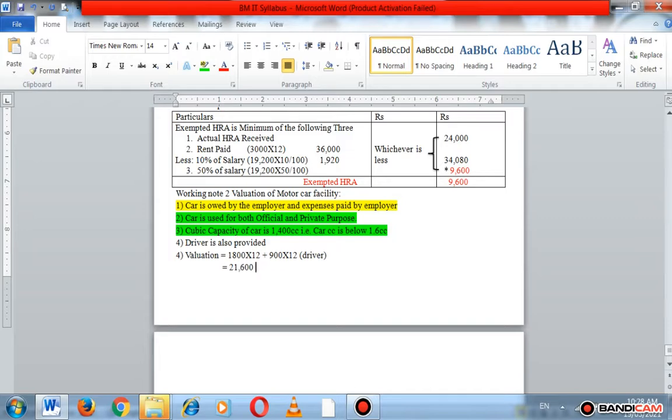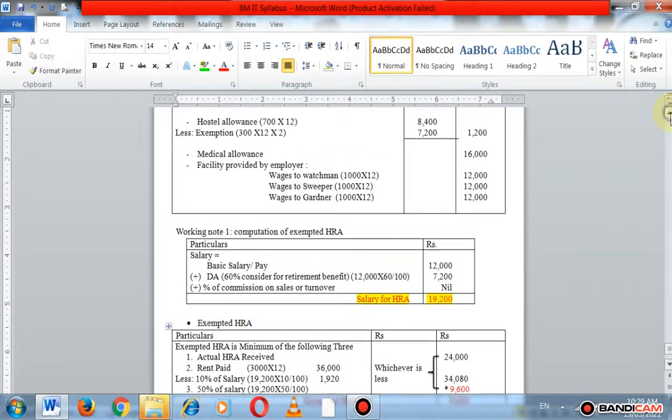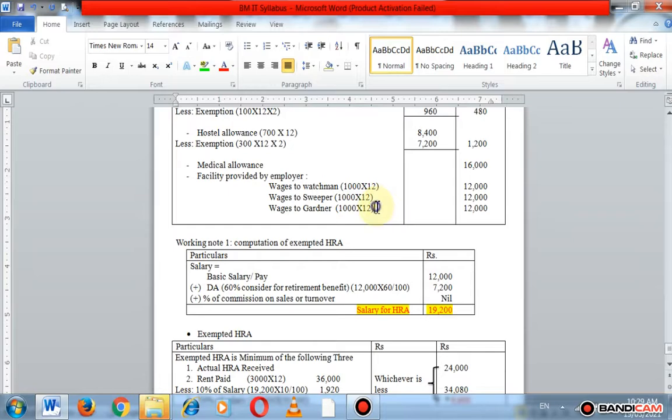So the value of motor car is equal to 21,600 plus 10,800, which is 32,400. Here we get the valuation of the car, that is 32,400. So this 32,400 is the value of the motor car, and we add this value in the salary.